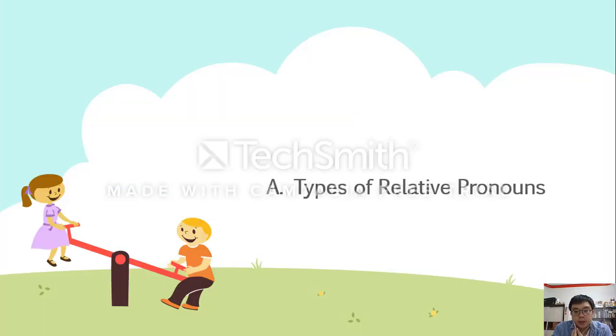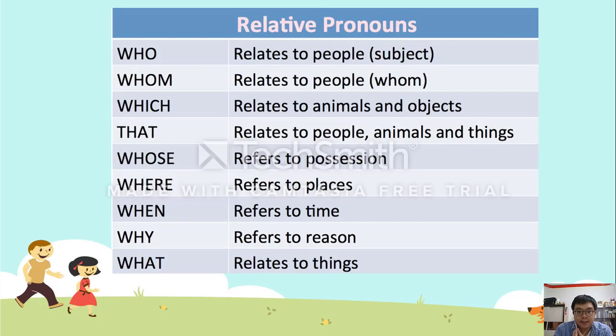So now we're going to look at the types of the words we are going to learn in this lesson. There are 9 types of relative pronouns, but what we are going to learn is who, whom, which, and whose.